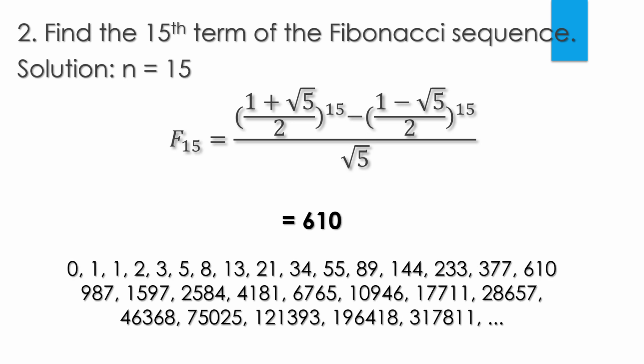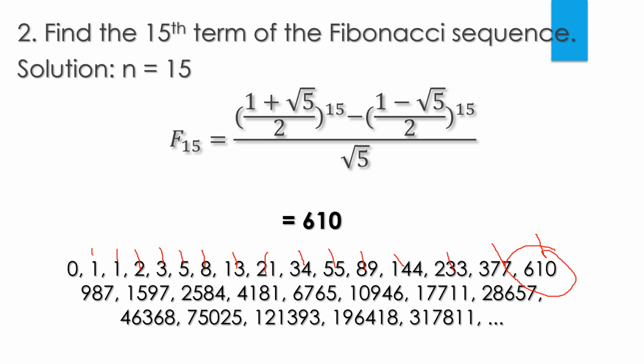So bilangin natin. Okay, sa pagbibilang, we exclude 0. Hindi natin siya bibilangin. Start tayo dito. So 1, 2, 3, 4, 5, 6, 7, 8, 9, 10, 11, 12, 13, 14, 15.